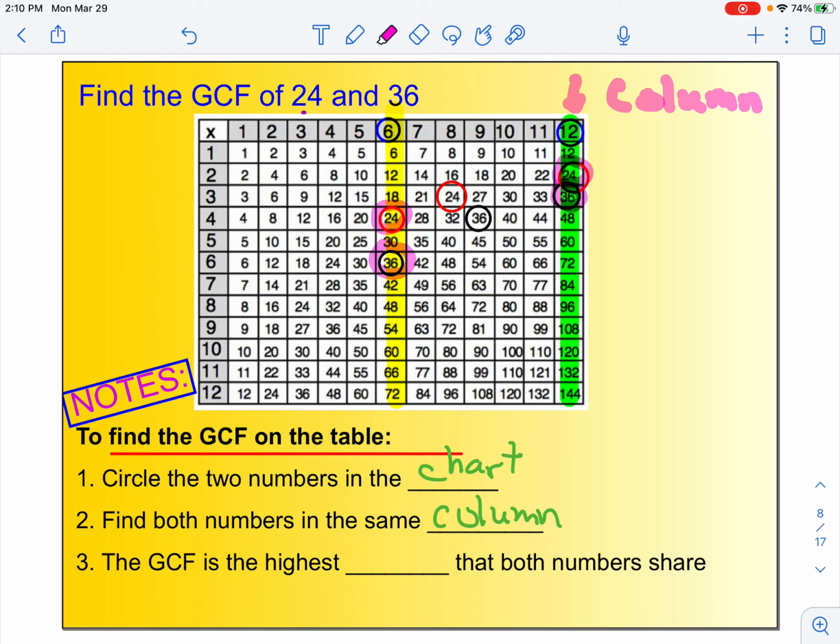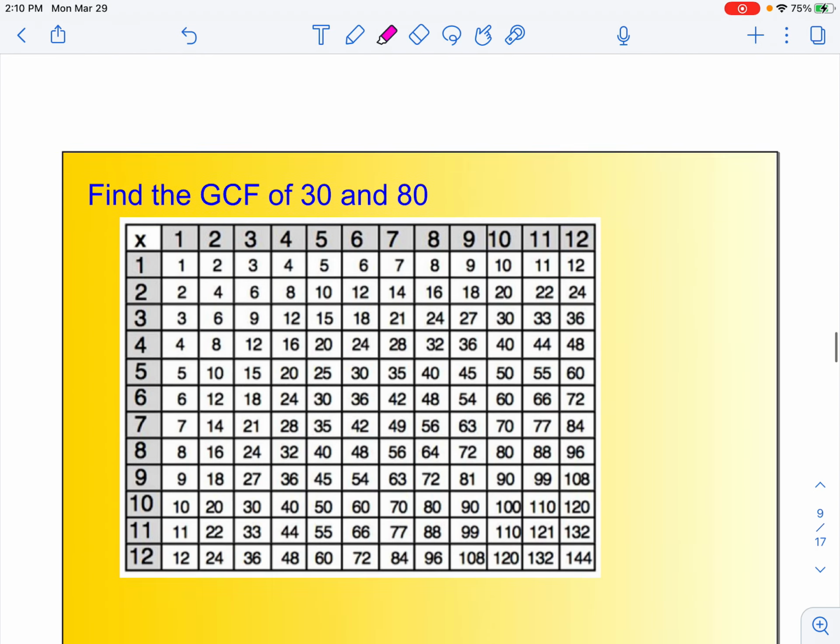So if you look at this column, 12 is now a bigger number than 6. So the greatest common factor then is this 12. So you're always looking for them to be lined up in a column and furthest to the right. Now again, some people find this confusing, so you don't have to do it this way. I will show you another way as well.